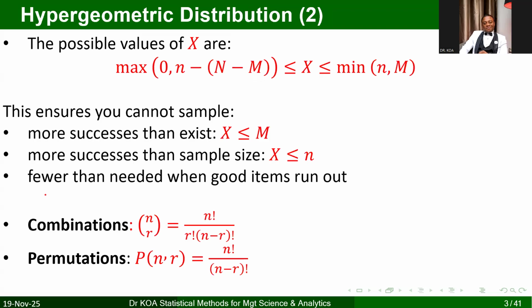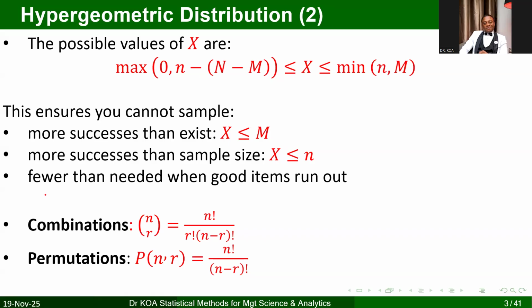The hypergeometric probability mass function: these were the possible values that the random variable can take. So if you substitute, small n is what? 15. And capital N is 20. What would be the left side? It will be 0 and what?